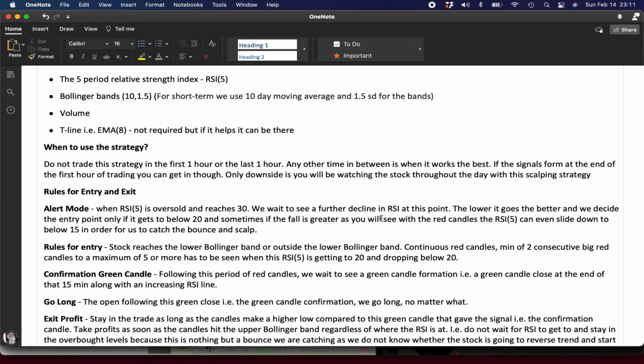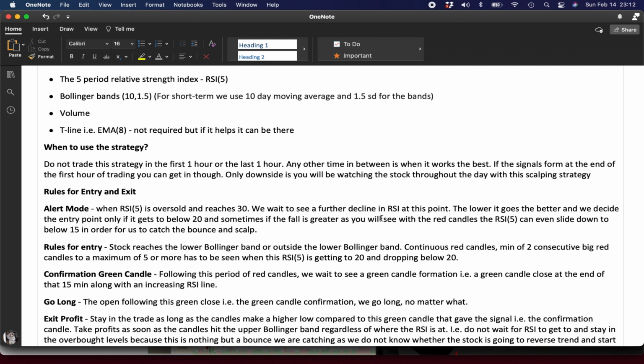So I put Bollinger Bands 10, 1.5. That's what it denotes. Now volume. Volume is automatically populated. If not, please add this to the chart. And the T-line, again, that is the exponential moving average 8. This is not required, but if it helps to have it on your charts, you can add it on there.